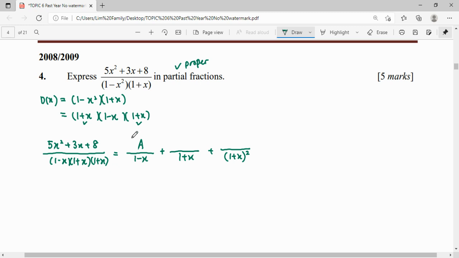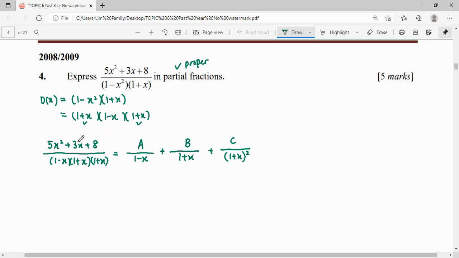When the denominator is linear, the numerator will be a constant. You can see 1 plus x comes from repeating 1 plus x, and 1 plus x is a linear factor. So up here will be a constant C. So that will be our step number 4.